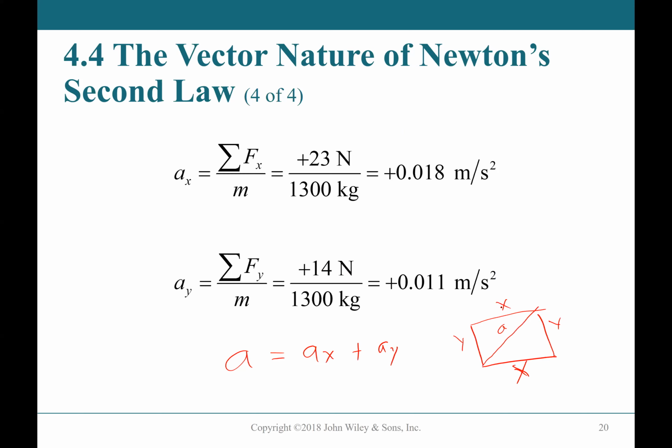They cannot add together because one's along the X and one's along the Y. And we've already learned that. That's why I said it's so important that you have a good grasp of what we've already learned about components before we can even begin to understand how this is done.